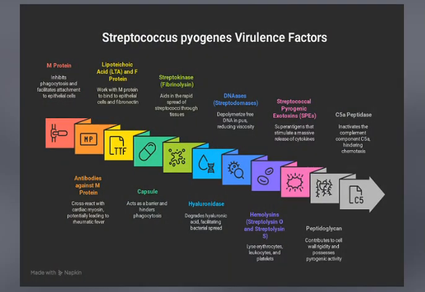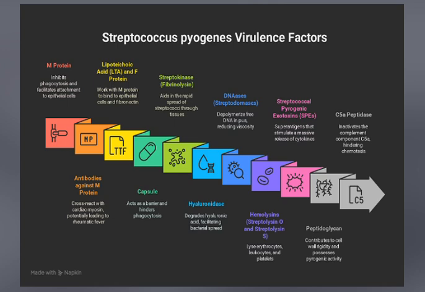Let's dive into the virulence factors of Streptococcus pyogenes, which explain its ability to cause disease. The M protein is key, preventing phagocytosis and aiding attachment to host cells. Lipoteichoic acid and F protein assist in binding. Streptokinase helps the bacteria spread by breaking down clots. DNAases reduce pus viscosity, aiding movement.